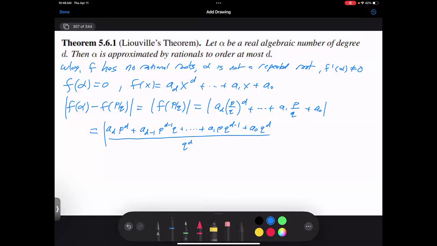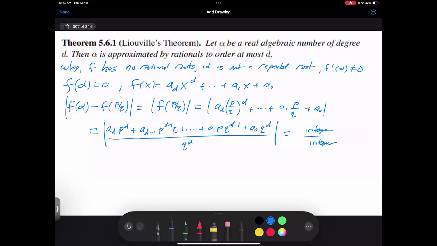What kind of number is the numerator? It's an integer. And what kind of number is the denominator? Integer over integer. Wonderful. Can you be more specific about the integer that's in the numerator?